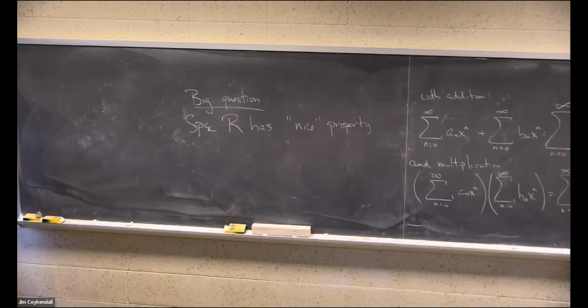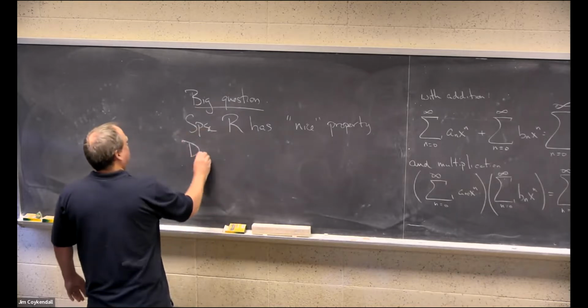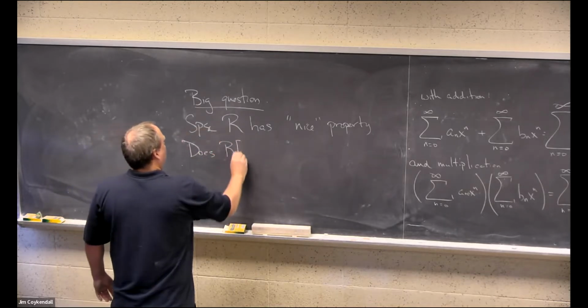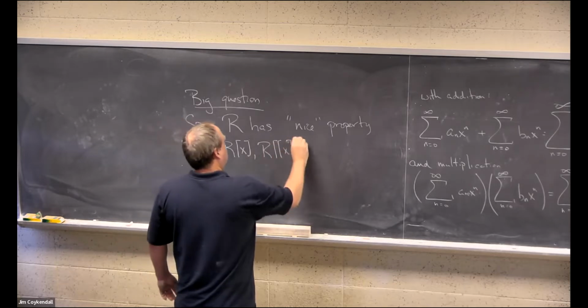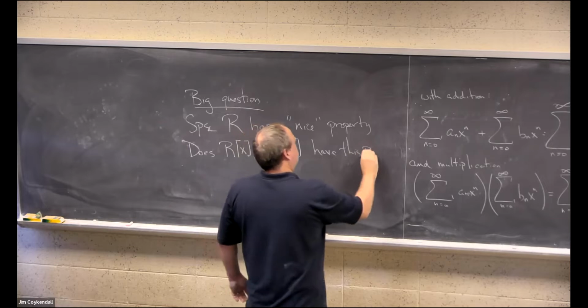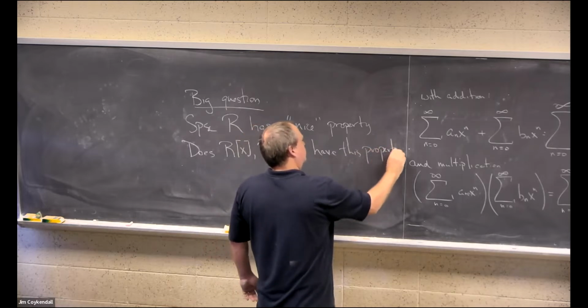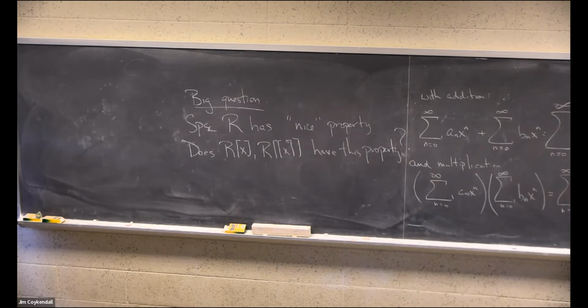Maybe R is integrally closed. There are lots of nice properties. Is this nice property shared in the extension? Sometimes yes, sometimes no.